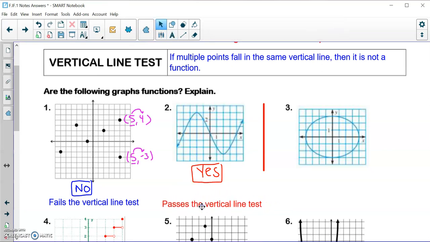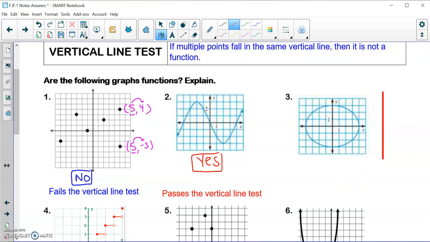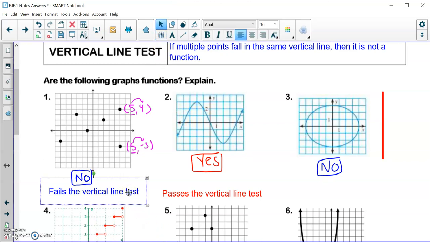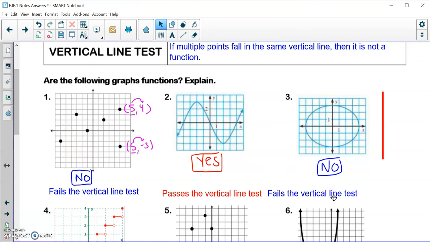All right, number 3, same thing. I'm going to take my vertical line and drag it across. Oops, well, it's hitting 2 points at every single point on this graph. So this is not a function. And we can just say right away that it fails the vertical line test.